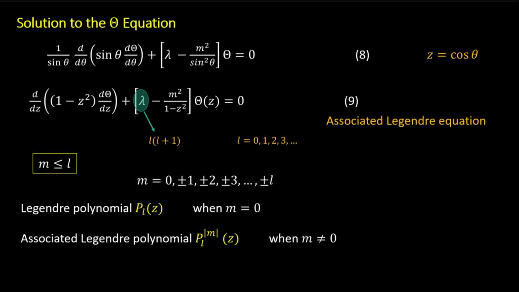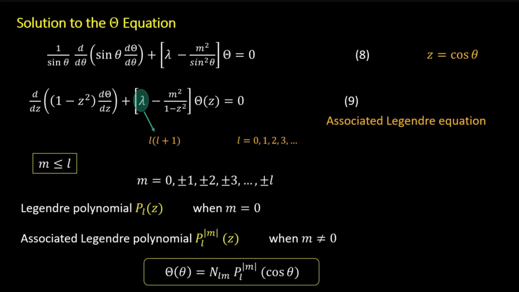Therefore the normalized solution to the theta equation can be written as capital theta equal to some normalization constant times this associated Legendre polynomial. Instead of z, we have written it in terms of the angle, cos theta.